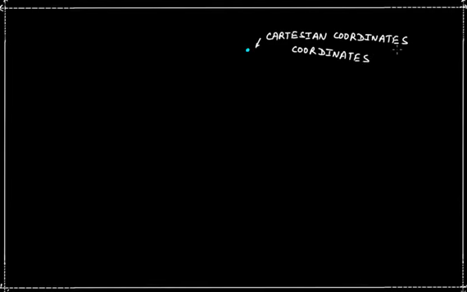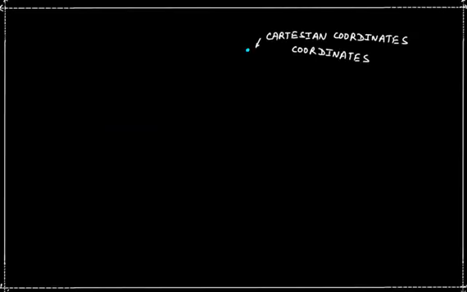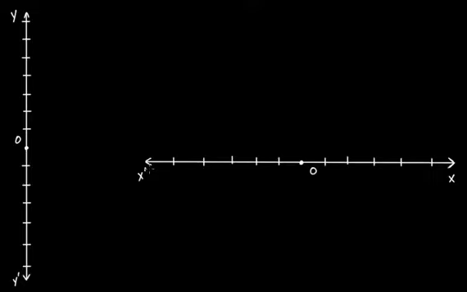Okay, so we are done with the Cartesian system, the plane, and Cartesian coordinates. Now, number lines. We have studied number lines earlier. This is a number line and we have represented it by X, O, X dash.